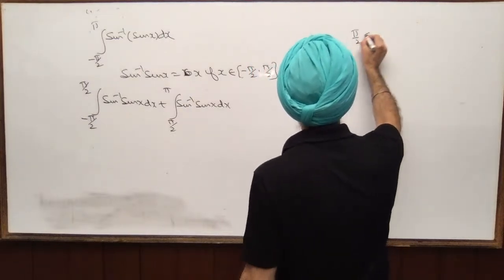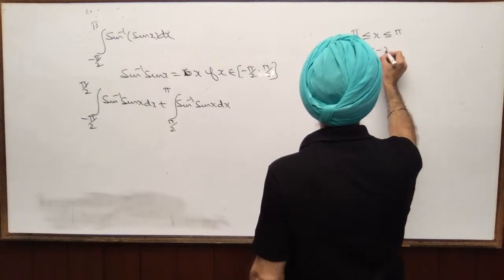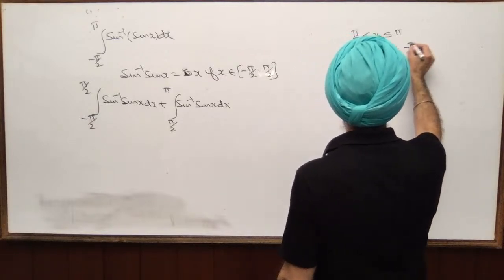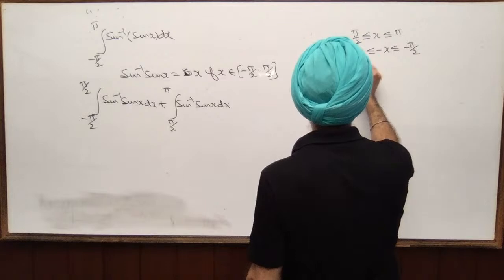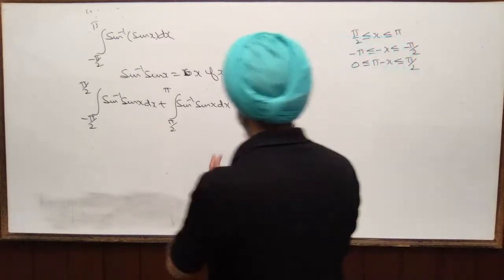So as x belonging to pi by 2 to pi, minus x belonging to minus pi to minus pi by 2, 0 is less than equal to pi minus x is less than equal to pi by 2.